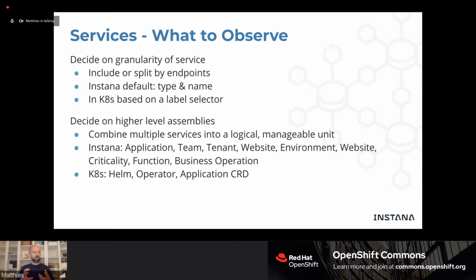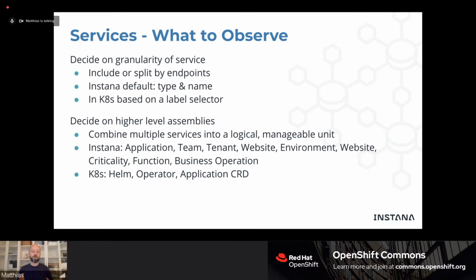The other part you need to consider is some sort of higher level assemblies. Given the operator, an operator is a good means of stitching these things together. There's also the application CRD or Helm, but it doesn't have to be on the Kubernetes side of things.